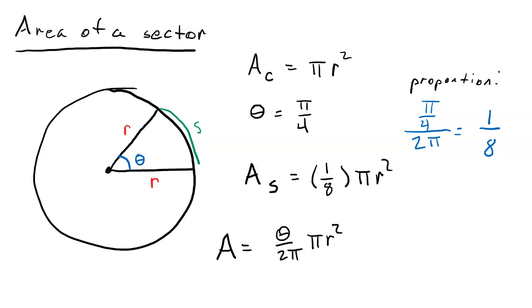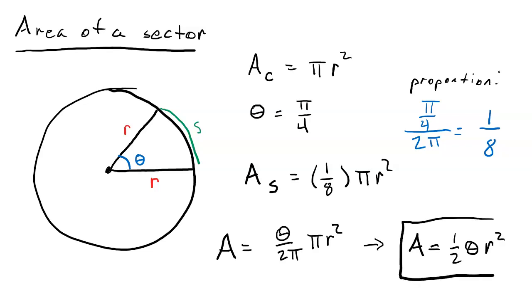The pi's cancel out and we're just left with area is equal to 1/2 theta times r squared. And that is going to be the area of a sector.